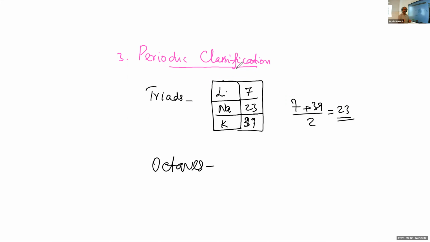Next, a very important development was due to Mendeleev, and it is called Mendeleev's periodic table, which you have also studied. In Mendeleev's periodic table, there are 8 vertical columns known as groups and 7 horizontal rows known as periods. I'm not taking this part in detail.